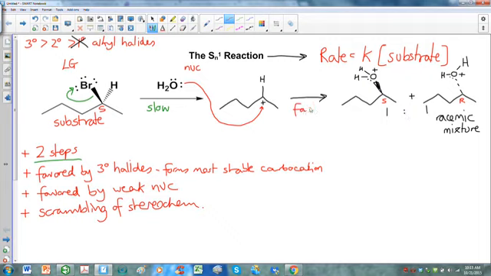So the two steps here, the first one is always slow, the second one is always fast. Now these are not the actual products because this was a weak nucleophile.